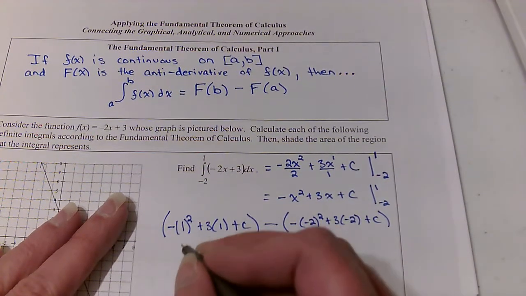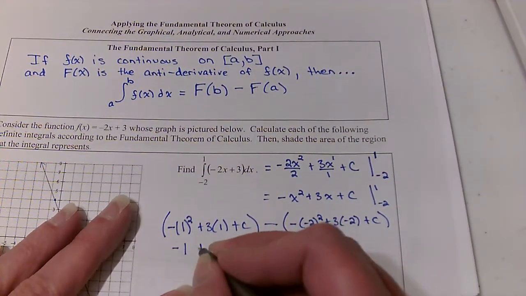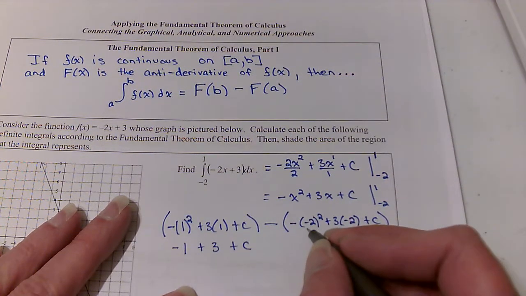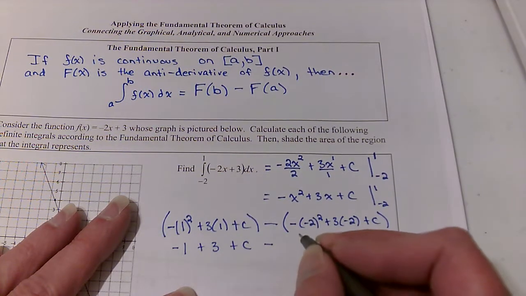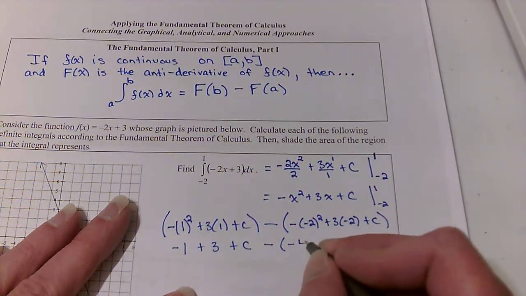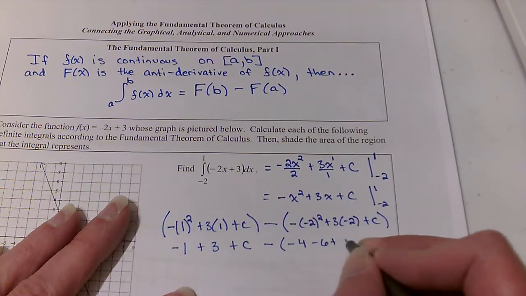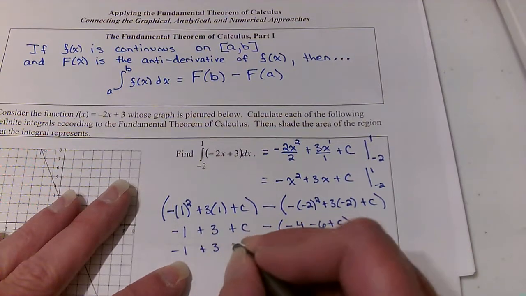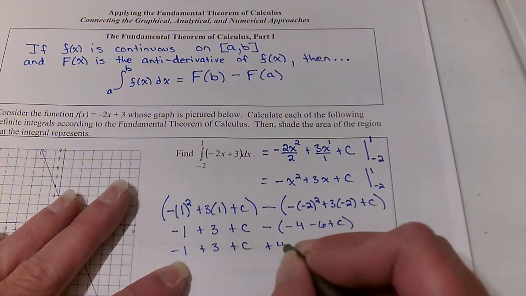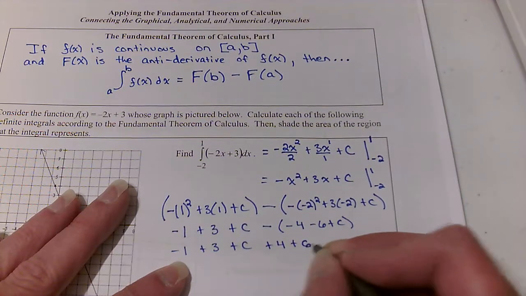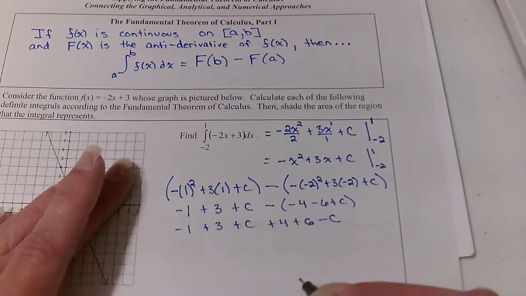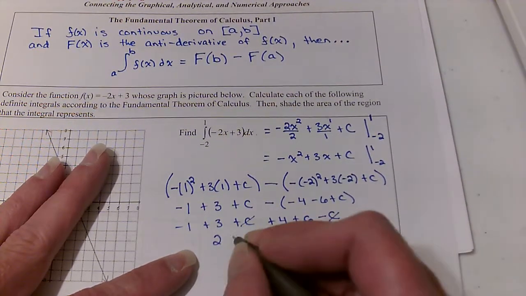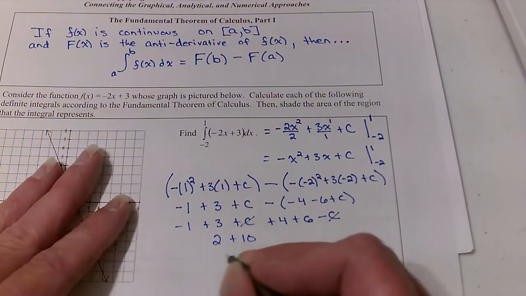So I get negative 1 plus 3 plus c, minus negative 4 minus 6 plus c. Distribute the negative. So it's plus 4 plus 6, minus c. The c's cancel, 2 plus 10, that's 12.